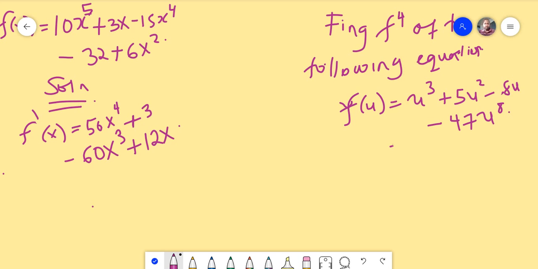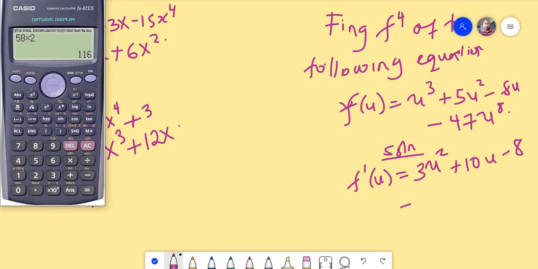Okay, so the solution: you are told to find the fourth derivative. So we'll begin, you can't get the fourth derivative until you get the first derivative, second, third, that way. So this will be f prime of u, so it will be 3 based on power rule u squared plus here we'll have now 10u, and then here will be minus 8, and then here will be minus 47 times 8.